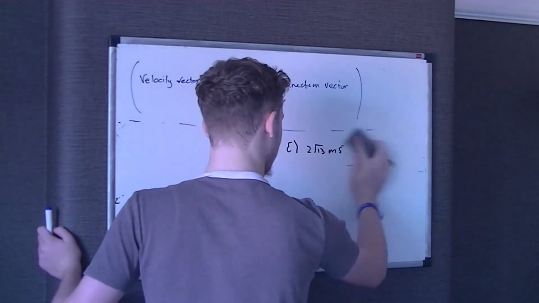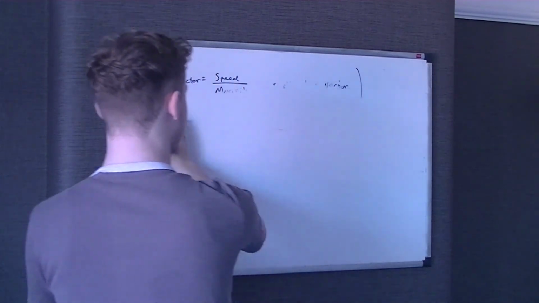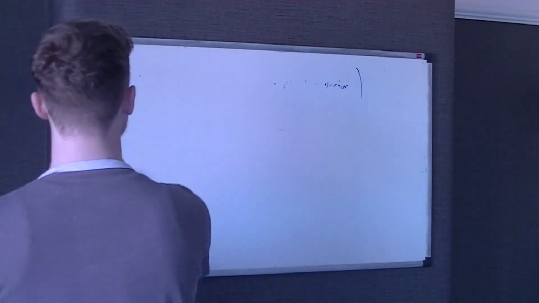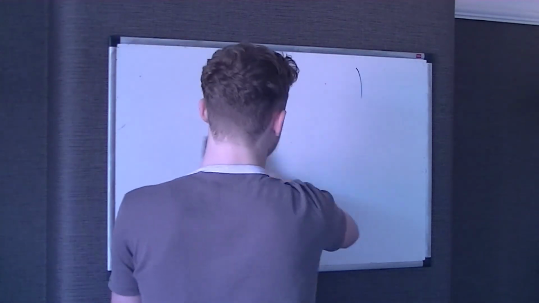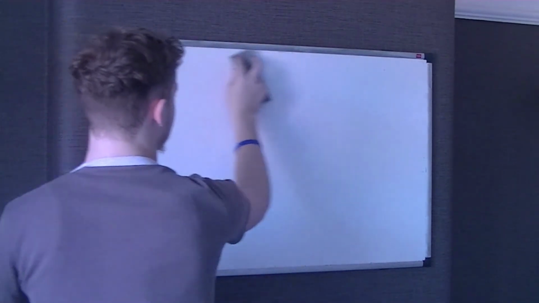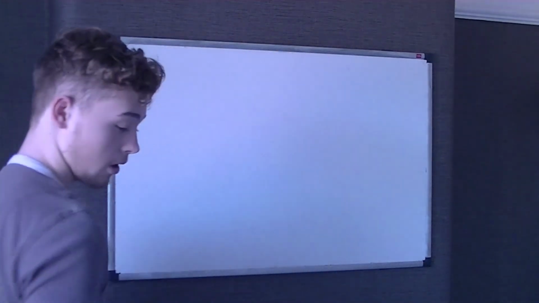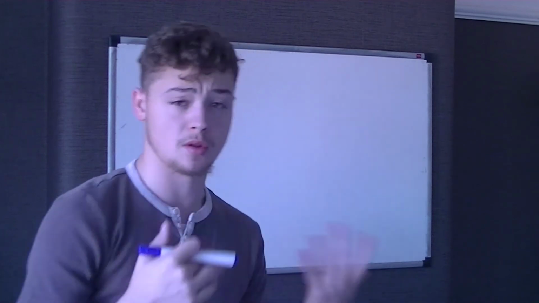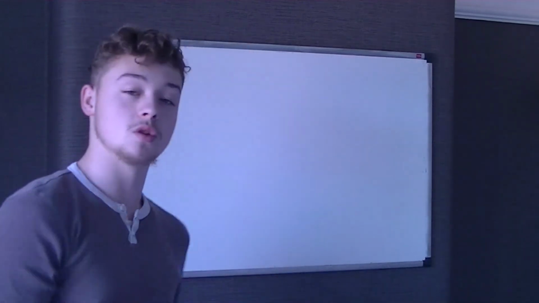So what I'm going to do now is give you a quick recap of what we've done in this video, and then go through a few questions as well, using the other things that we learned about. So the first thing we talked about obviously was the course.